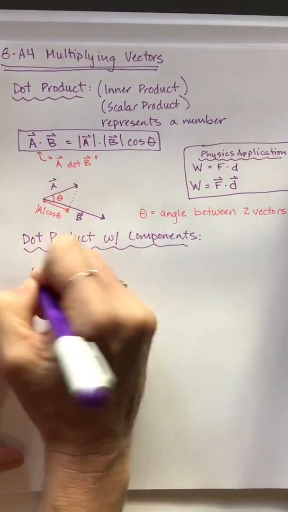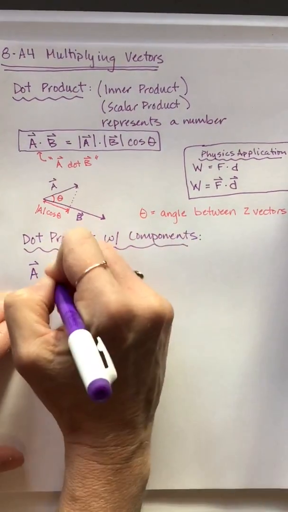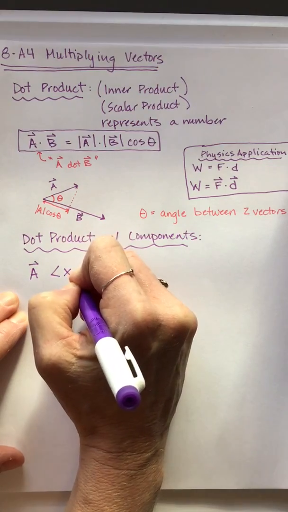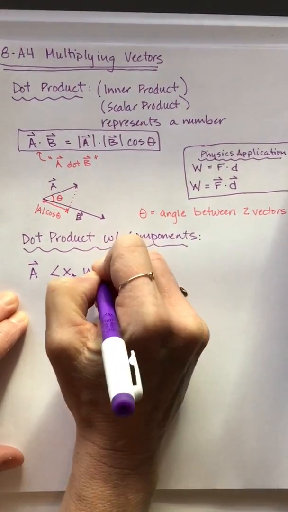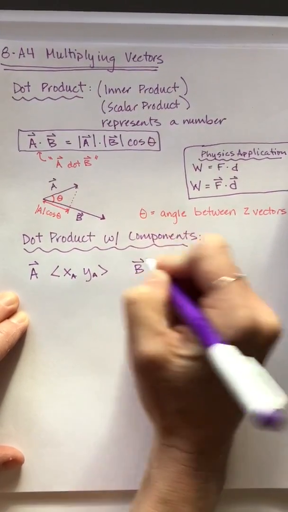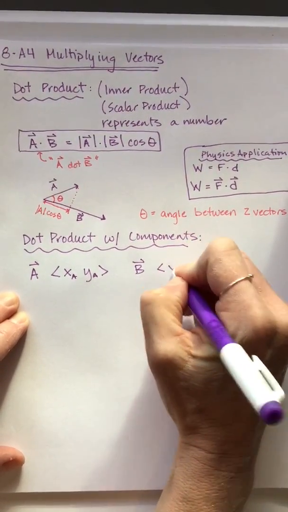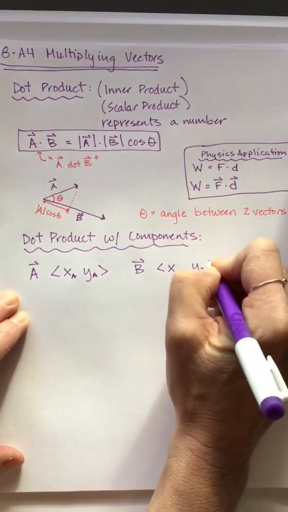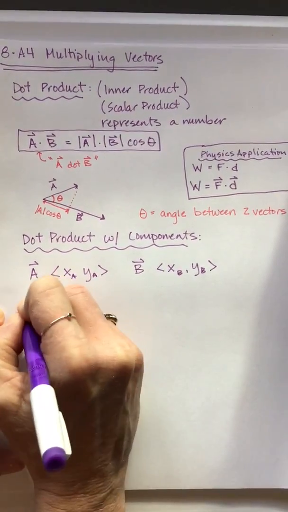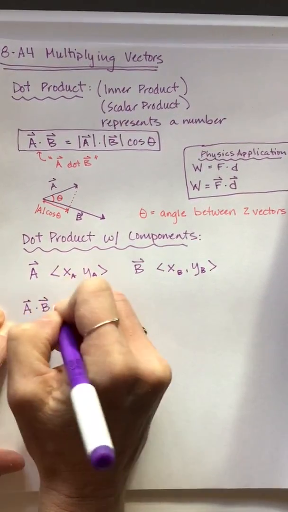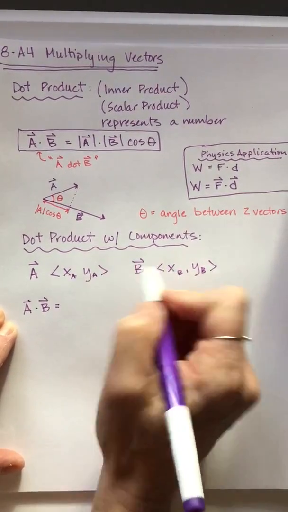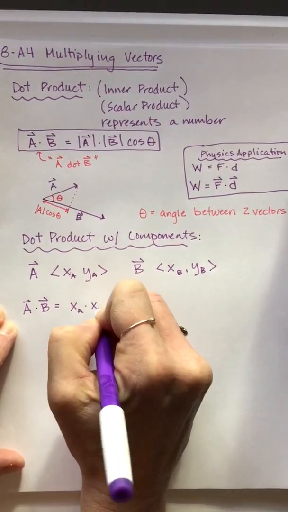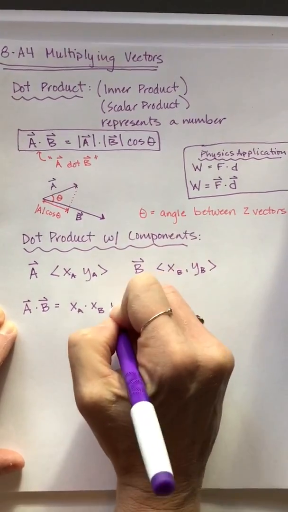Let's say our vector A has an x component and a y component, and vector B has an x component and a y component. Then A dot B is going to equal the two x components multiplied together, and then added to the two y components multiplied together.